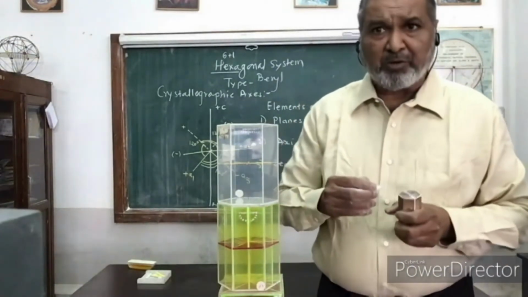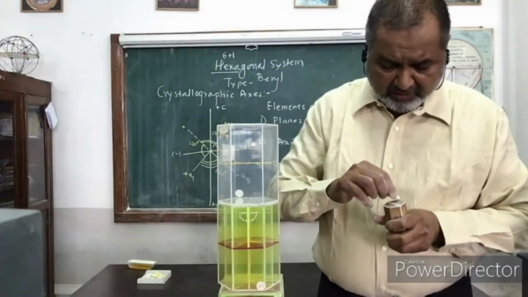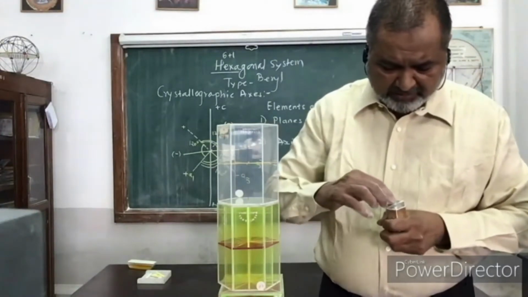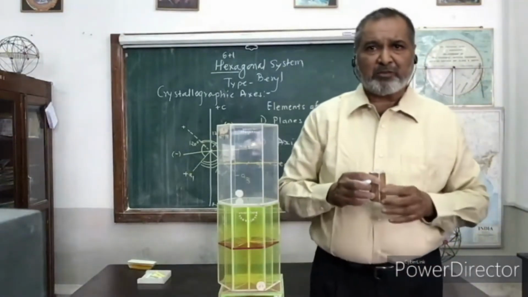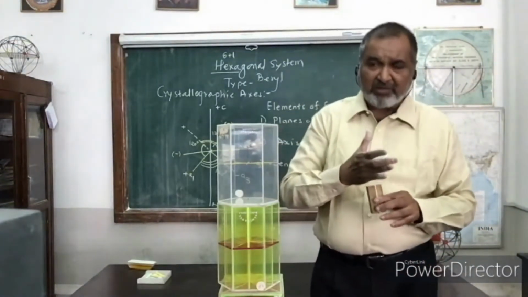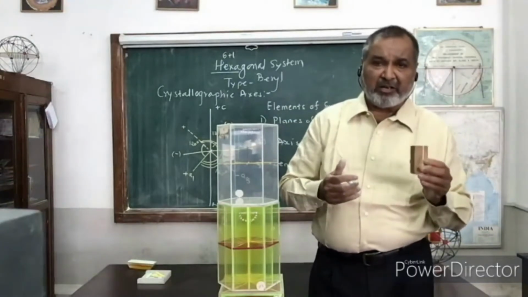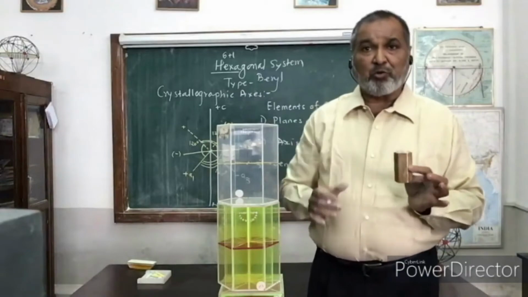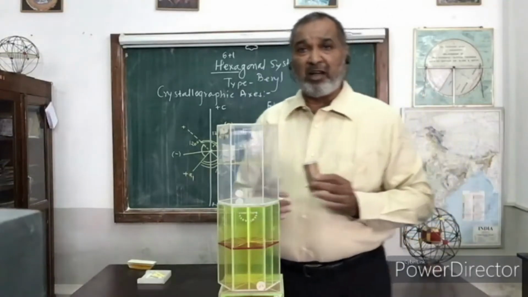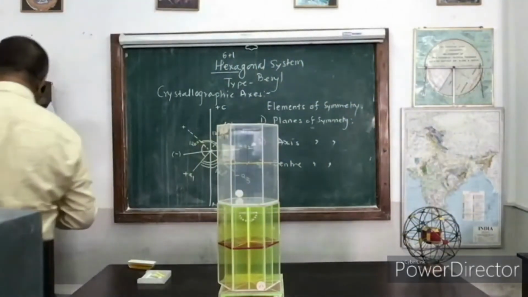Now there is the possibility that we can get another one, a second one, and this is the third one. Earlier we got 3 planes which pass through the center of the face, and in this category we also got 3 planes which pass through the corners. So in total we got 6, and these 6 are the vertical planes.